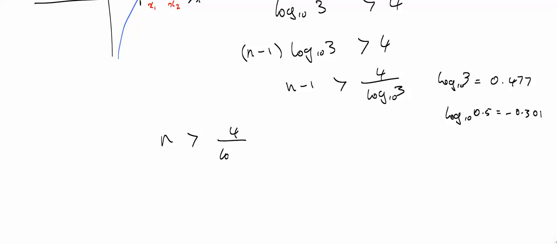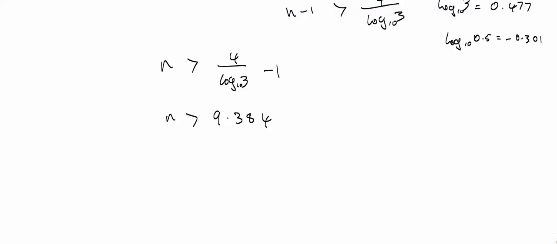So n minus 1 is greater than 4 over log 3, n therefore is greater than 4 over log 3 minus 1, and if we use the calculator, we find that n is greater than approximately 9.384.